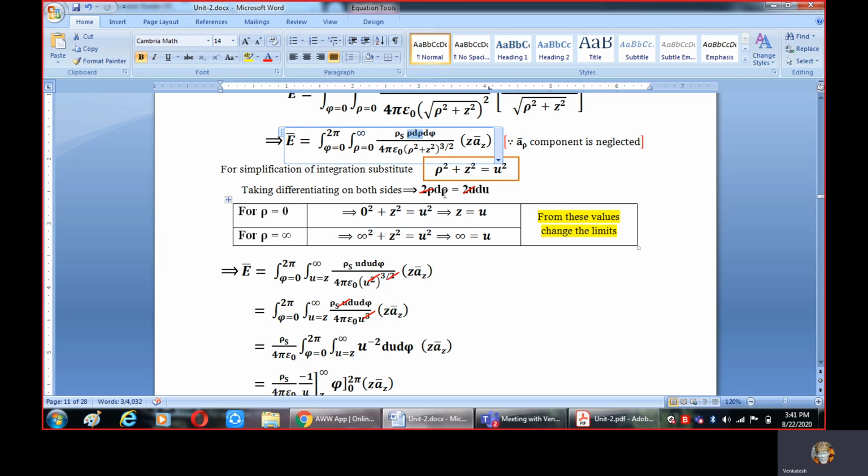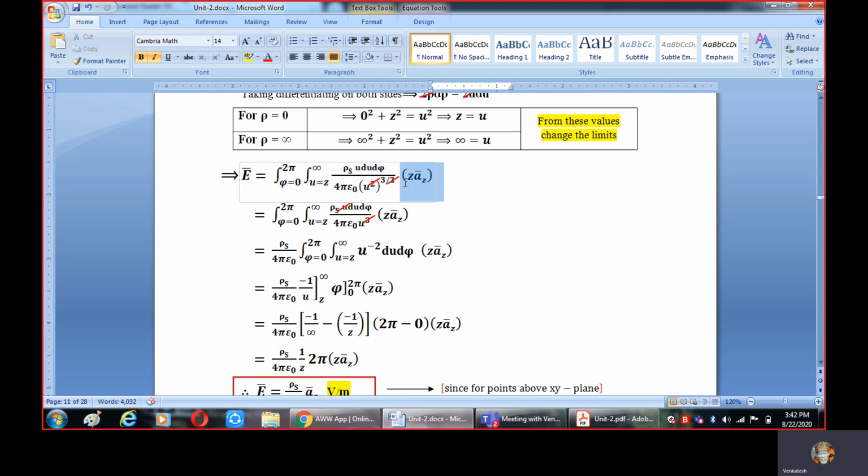As we know from here, rho d rho is equal to u du. So I am replacing rho d rho with u du, d phi. The denominator is 4 pi epsilon naught, and rho squared plus z squared is equal to u squared. So I am writing u squared, whole power 3 by 2, and z a z bar.